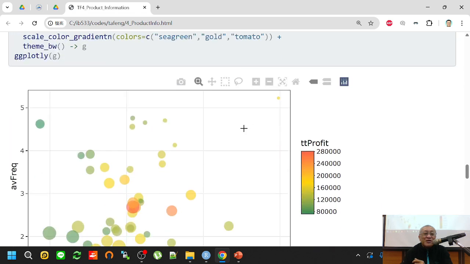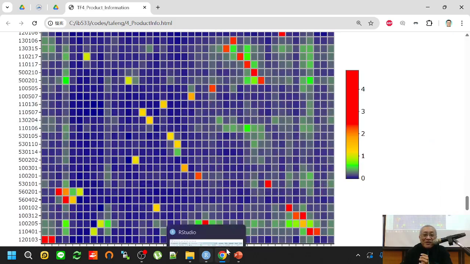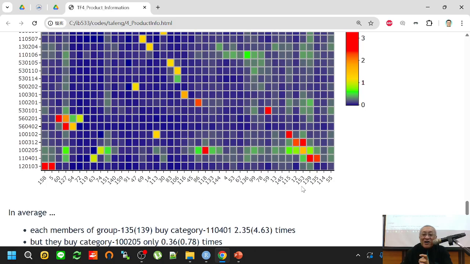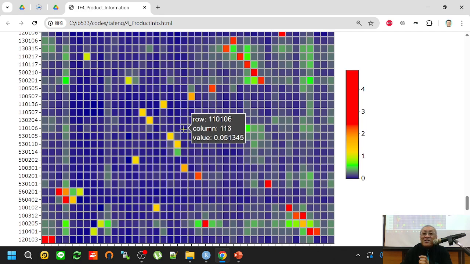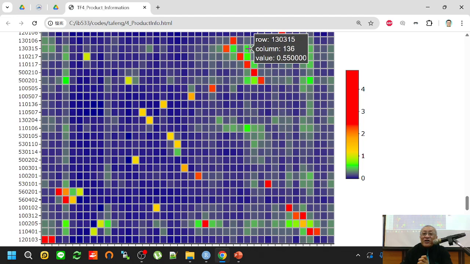After we select a group from this chart, we can look up this heat map to see, for example, for group 115, they like to buy these two categories, and for group 103, these are the two categories that they like to buy. And for group 136, for example, you might want to focus on these categories.